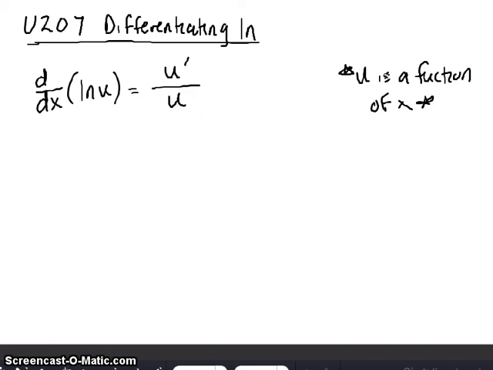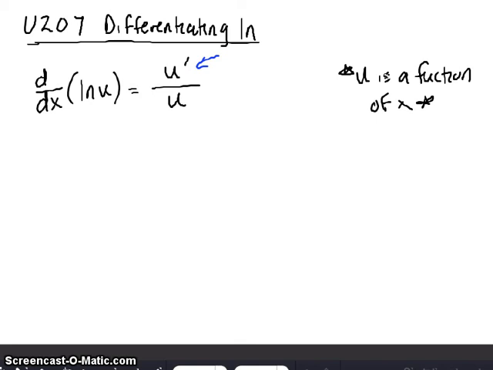So that u prime that we have up there is taking the chain rule into account for us. So that u prime is when we take the derivative of the inside part of our chain rule. So that's going to take care of that for us. We don't really need to think about natural log and chain rule at the same time.